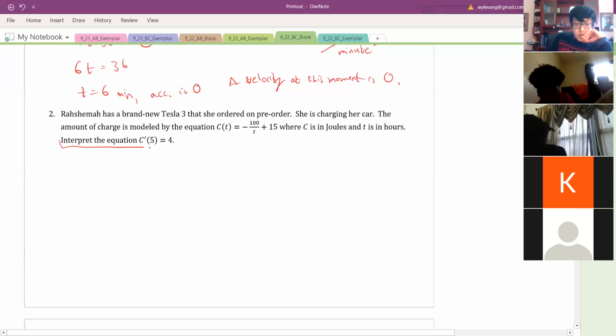So again, this is the real question. Interpret the equation. We don't have to do any math. They're just asking us to interpret, if we got this answer, what does that really mean?